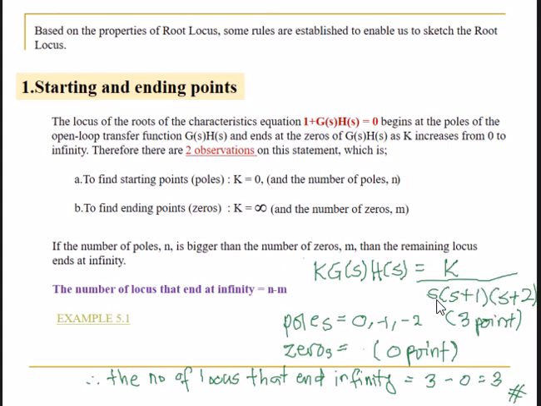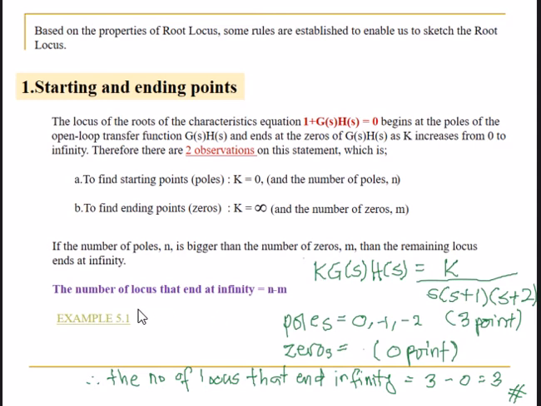Poles ni adalah pada bawah lah kan. So the poles number values we have 0, and s plus 1, kita tukarkan jadi s, so we get minus 1 and minus 2. So we have 3 points. And then zeros, sini tak ada, so there is no zero point.